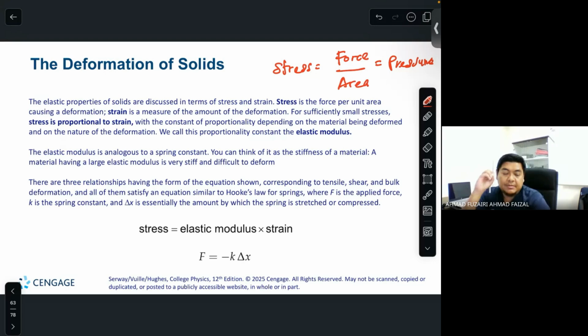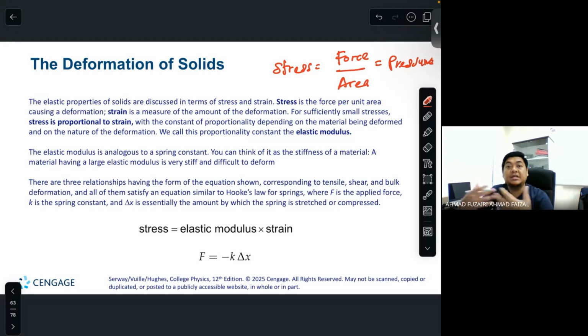But in terms of deformation of solid, in terms of how we can alter the solid, mengubah, when you apply some stress, some force on some area, it actually causes some deformation.